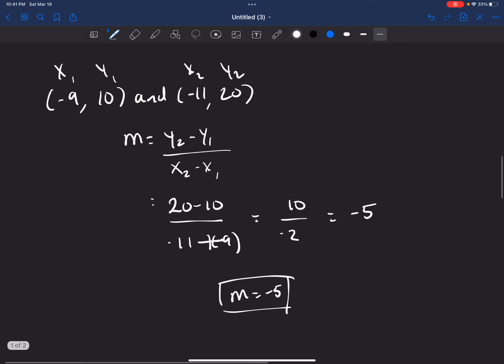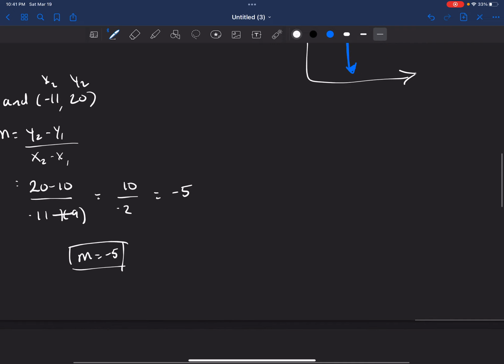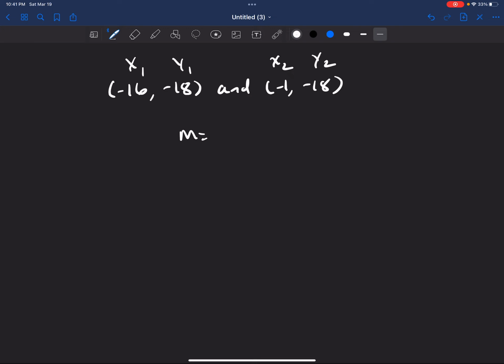Okay? That was pretty easy. Let's just do one more problem. We have (-16, -18) and (-1, -18). This is going to be x1, y1, and then x2, y2. And your formula, again, is y2 minus y1 all over x2 minus x1.